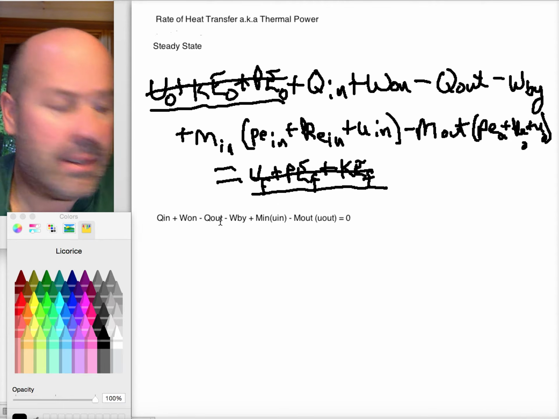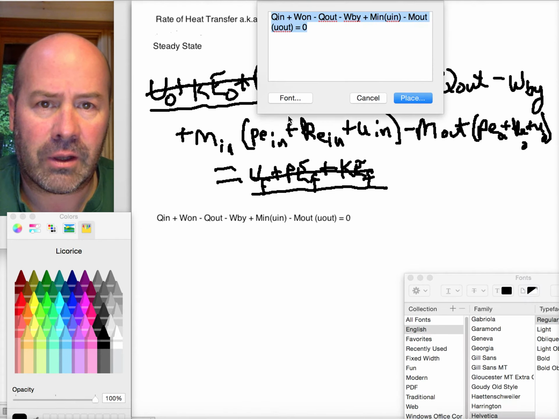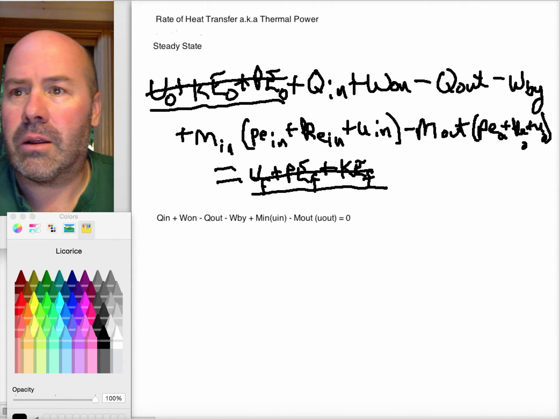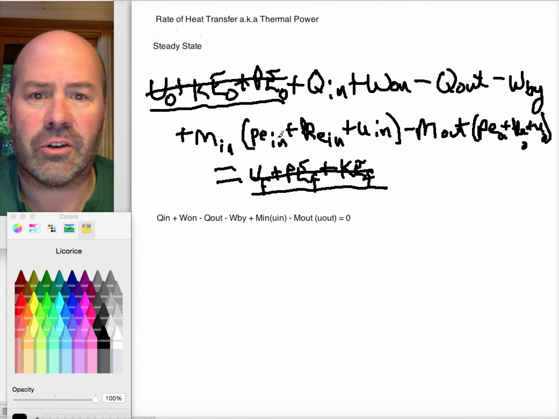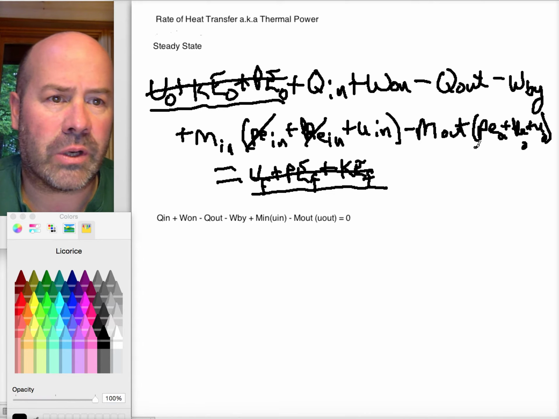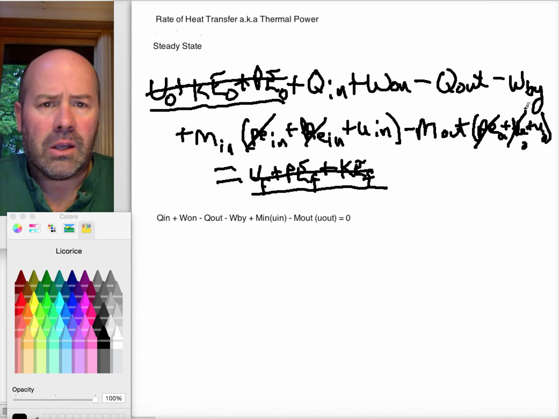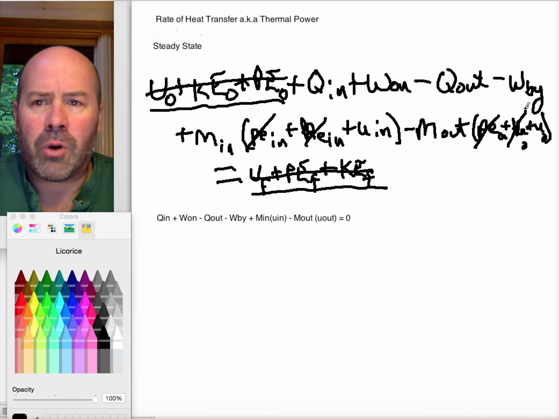For our conversation here, I have eliminated the potential energy and kinetic energy. The reason we get to do that in almost all thermosystems is because they are so small compared to the internal energy.